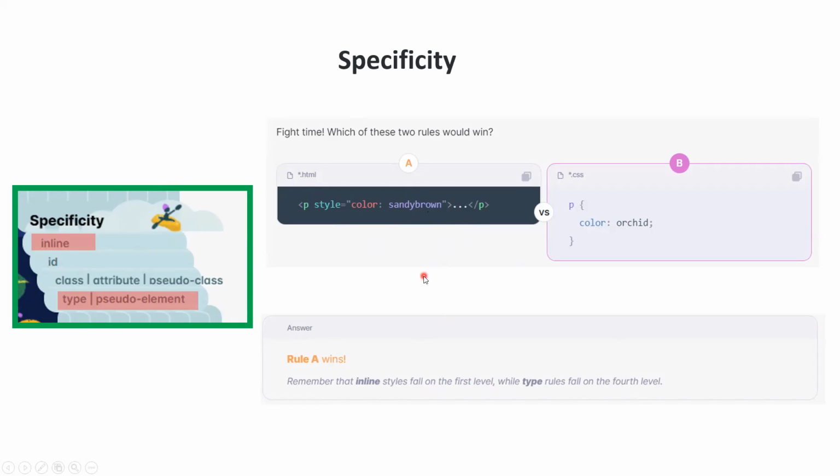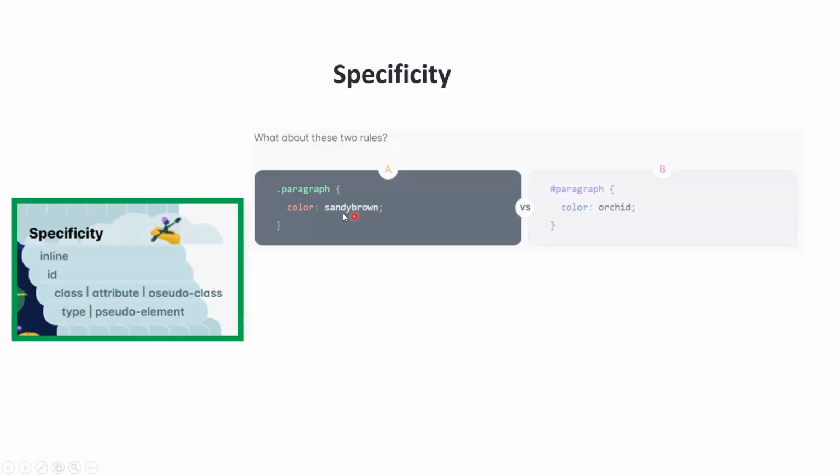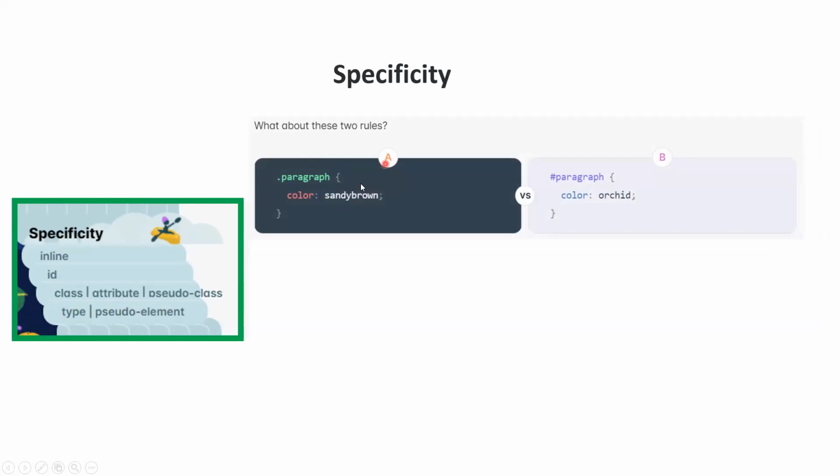Therefore, rules that are inline have more weight or more hierarchy. All right. Another example with specificity. What about these rules? We have different selectors. The first is a class and the second is an ID selector. The one that will win is rule B. Why is that?